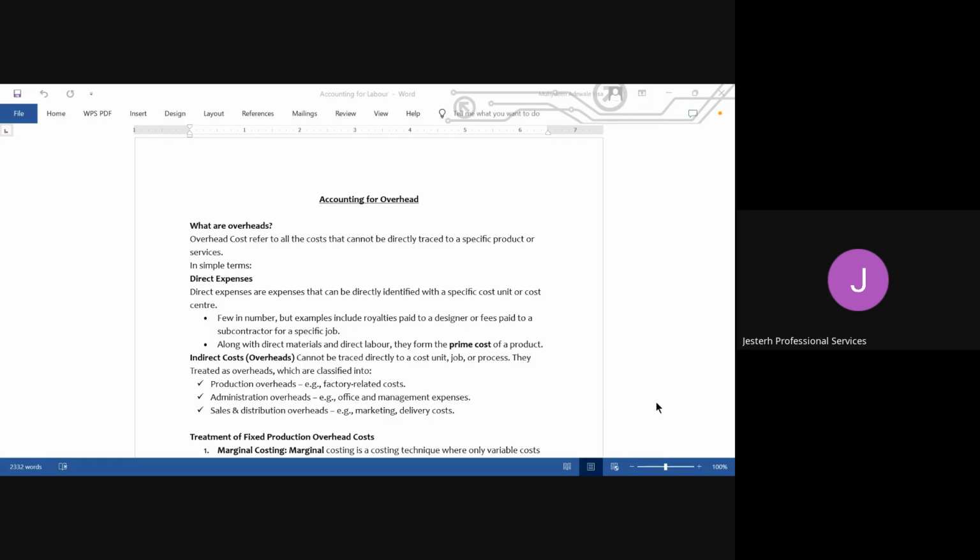Now it's left to you as a management accountant, because whenever you are writing the exam, you are a management accountant on your own attending to a particular problem that was given to you by an organization.